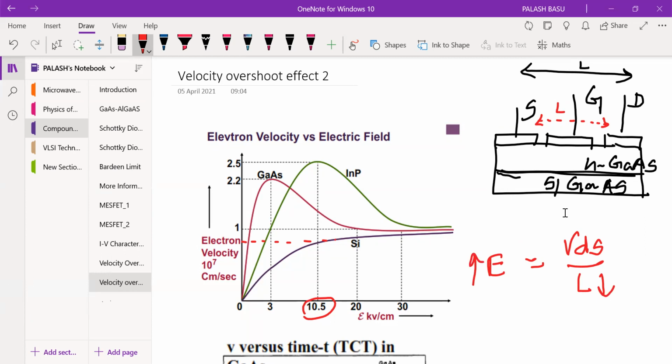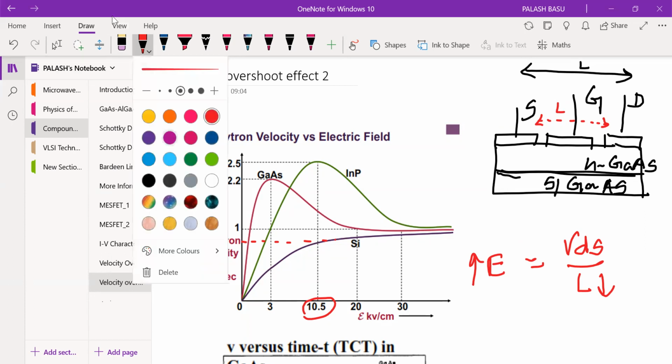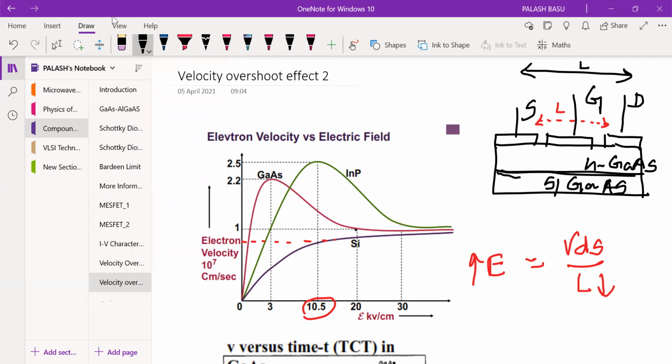Now what will happen if it increases such a thing? You will see that for gallium arsenide, you will always be in this zone, because suppose 10.5, you see this is actually the descending zone, 20 kilovolt, 30 kilovolt, 40 kilovolt, 60, 70 kilovolt per centimeter, all this kind of, you are saying it's actually the saturation zone.